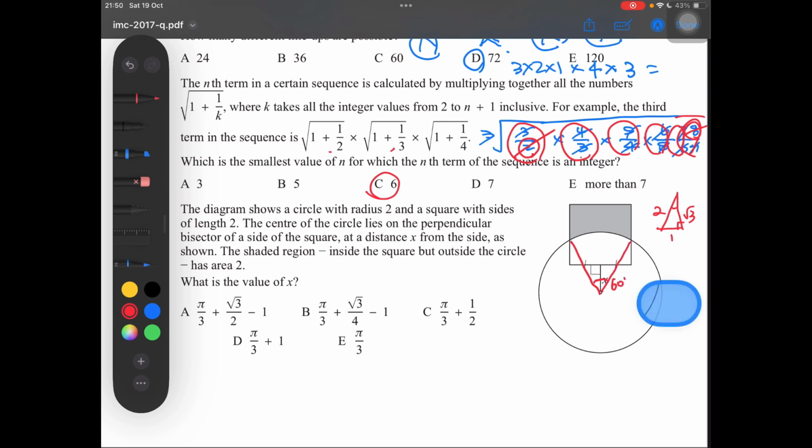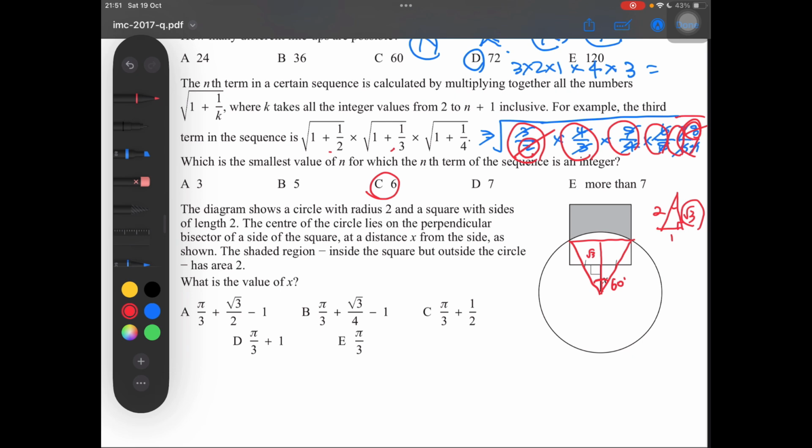And we want to know this rectangle area, to cut out this half of this segment. So let's find the length of here. Let's say here altogether is square root 3.